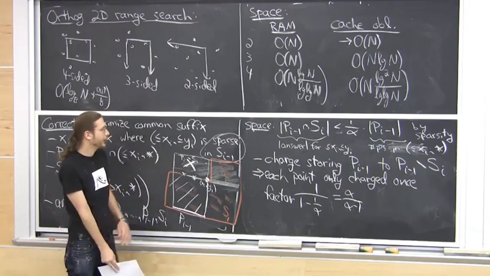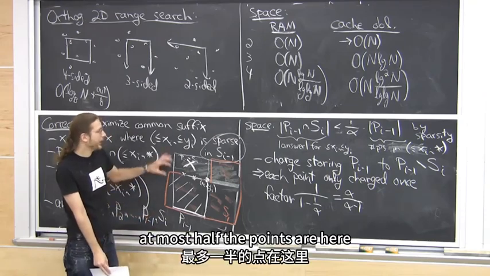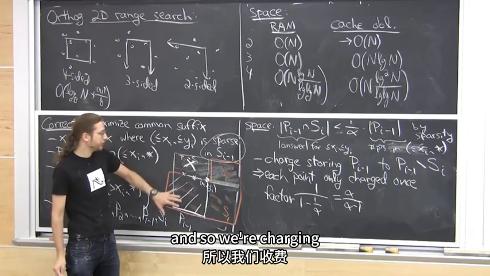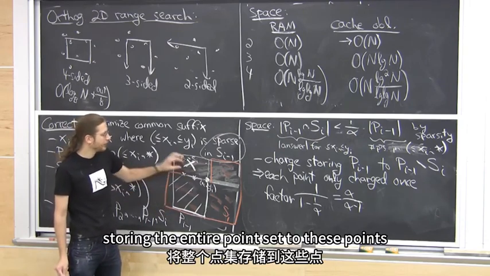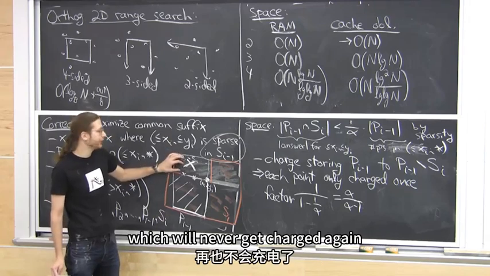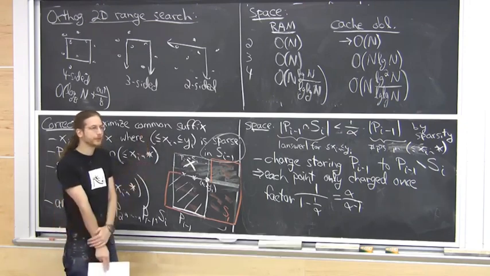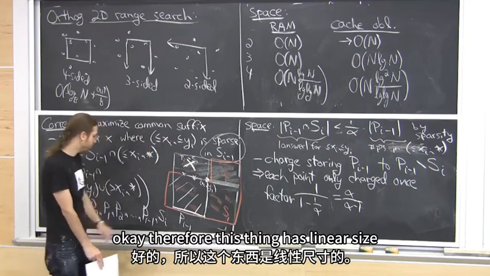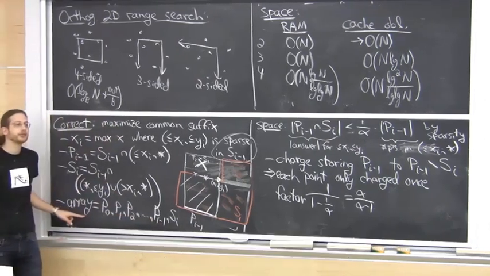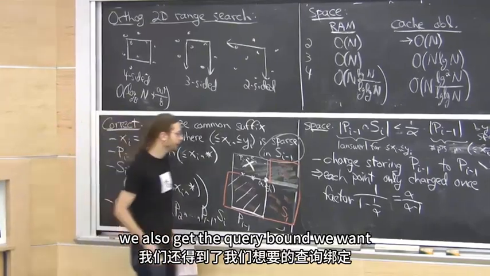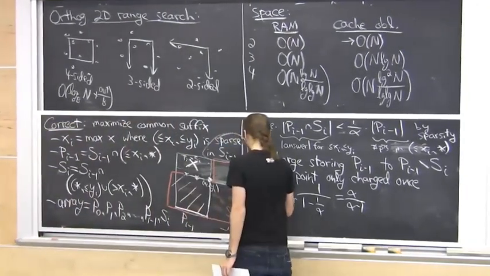So then, at least half the points are here, and so we're storing the entire point set to these points, which will never get charged again, so we're only charging with a factor of 2. That's all we need, constant factor. Okay, therefore, this thing has linear size. That's the cool thing. We get more, though. We also get the query bound we want.